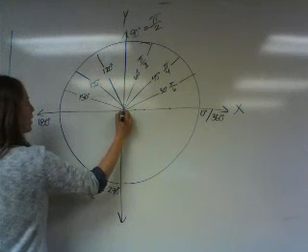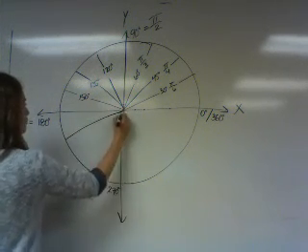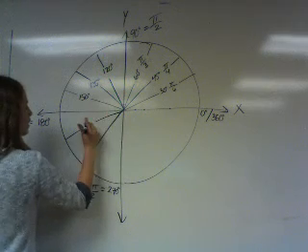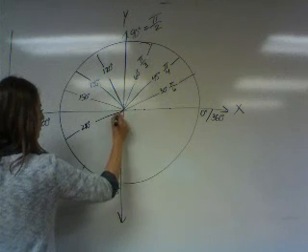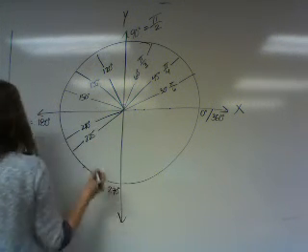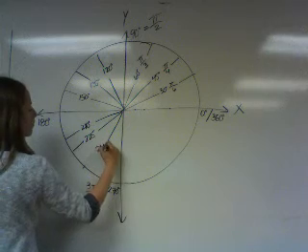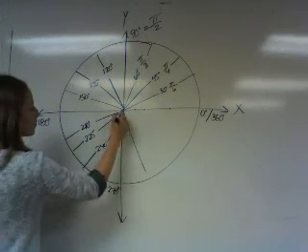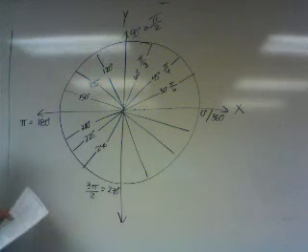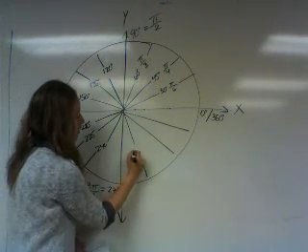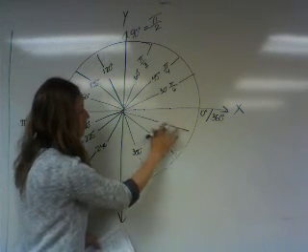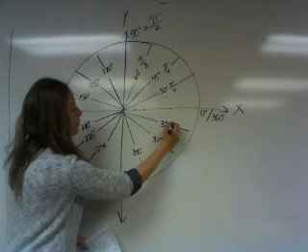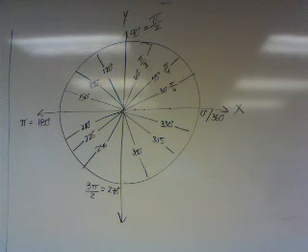So you need to convert all these into radians. 210, 225, 240, 300, 315, and 330. So convert all those into radians for me. Pause the video. I'll put the answers up.